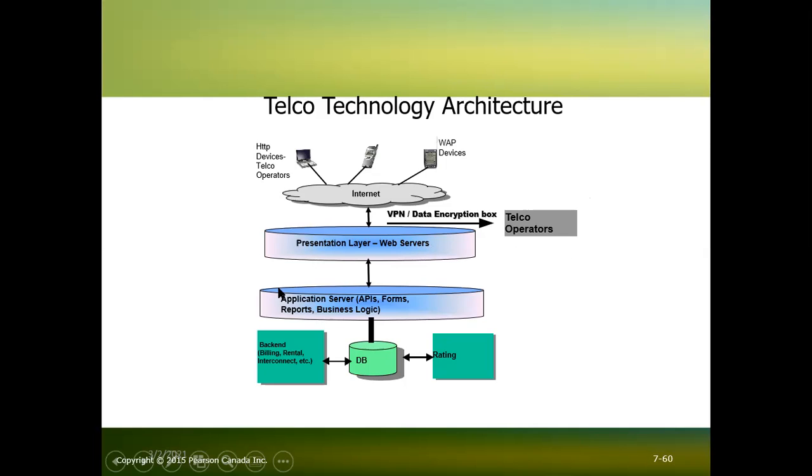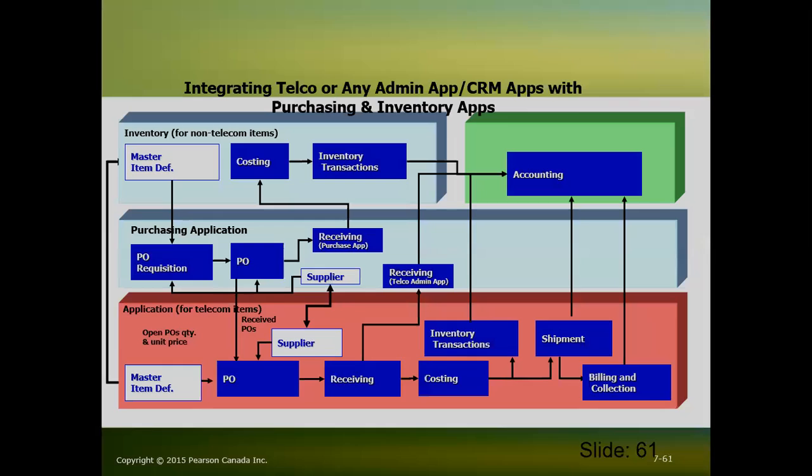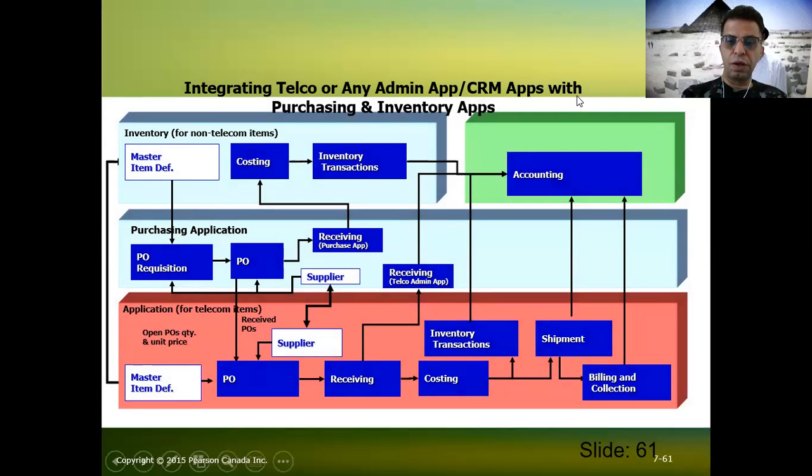There is an API, different forms, reports, business logic, and then you have the back end: the billing, the rental, the interconnect, and the database, and definitely the rating is there. So the list goes on, and when you go to buy a service from a telco company, basically you arrive here.